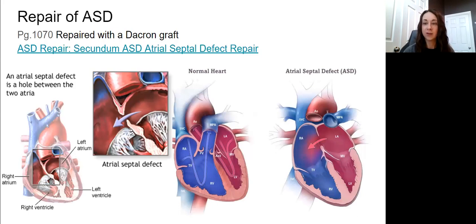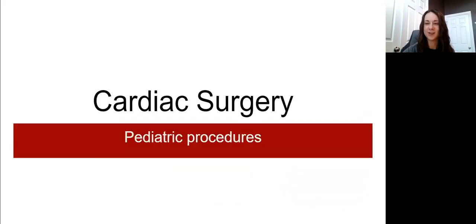Before I get into the first surgery, I want to just do an introduction. Looking at your introduction on page 1069, congenital abnormalities is what we're typically going to be treating with these pediatric patients. Congenital abnormalities must be treated as soon as possible.